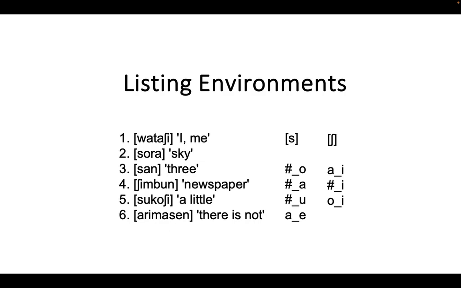So if you look at the list of environments for sh, look specifically at the sounds that come after it. Do you notice anything? You should notice that the sound sh is always followed by the vowel i, written with a lowercase I in the IPA. Okay, so do we ever find that vowel sound coming after s? Let's look at the list of environments for s.